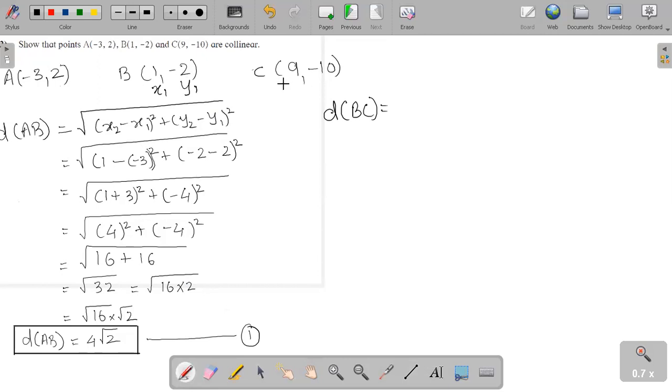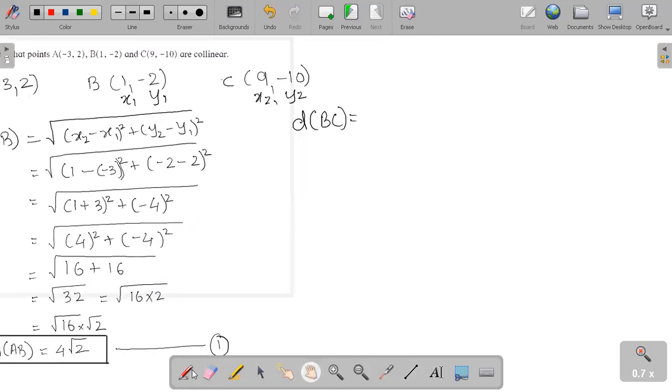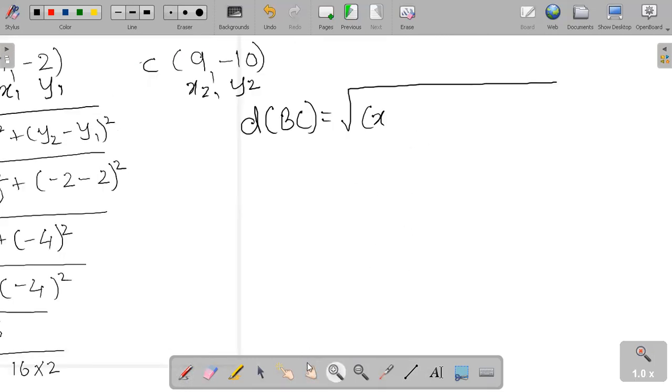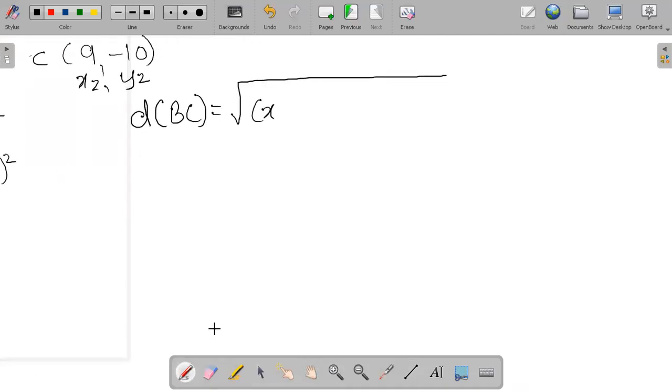So this will be x1, y1 and this will be x2, y2. So again, by distance formula, I'll write the formula first. It becomes x2 minus x1 the whole square plus y2 minus y1 the whole square.